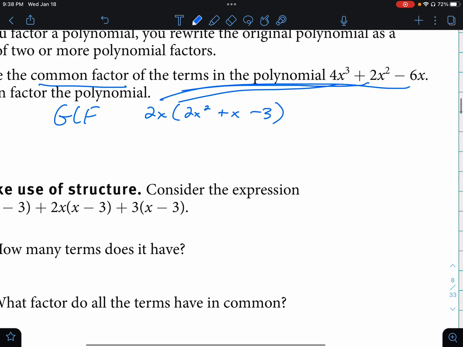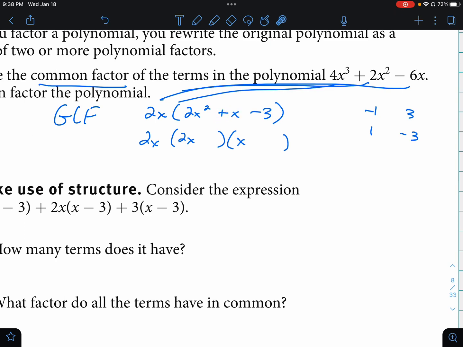And then sometimes whatever's left here is hopefully something that I can factor. So again, I'm going to break that up into 2 parentheses. This is kind of our factoring from semester 1. What I know, the 2x squared is going to be 2x times x. And then guess and check, the 3 is either 1 times 3, negative 1 and positive 3, or a positive 1 and negative 3. I want my middle term to be a single x.